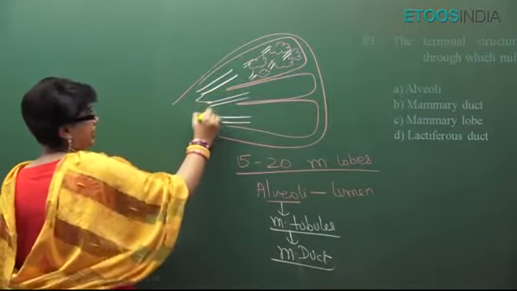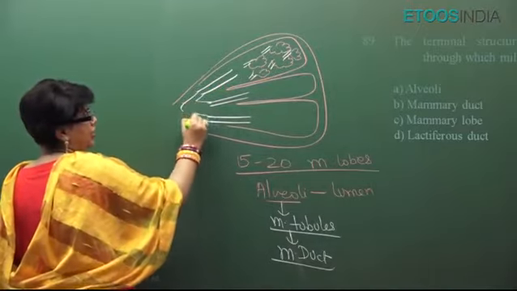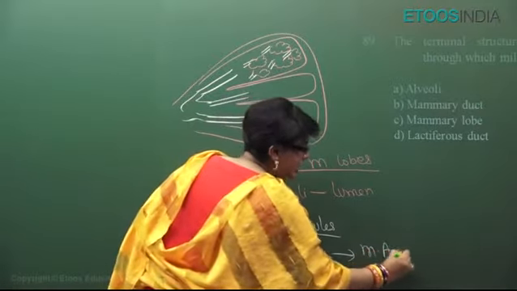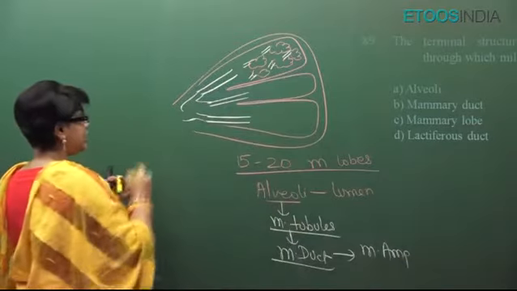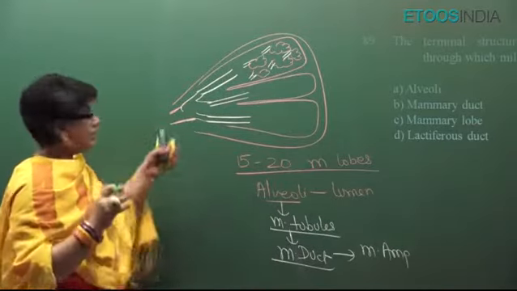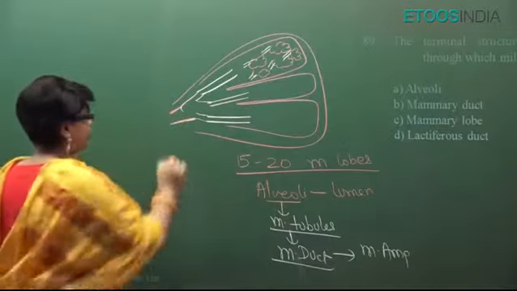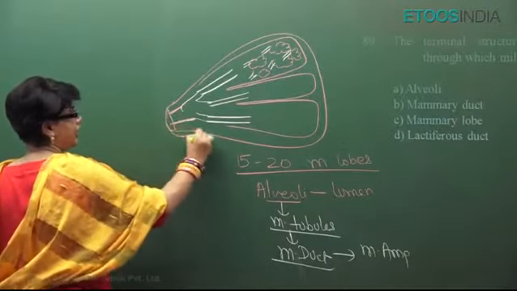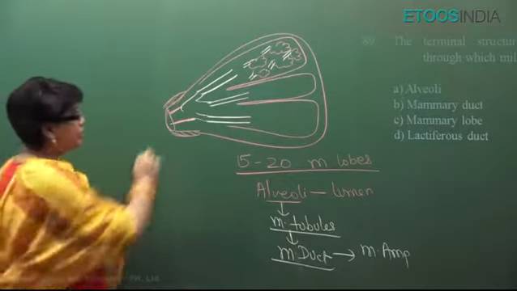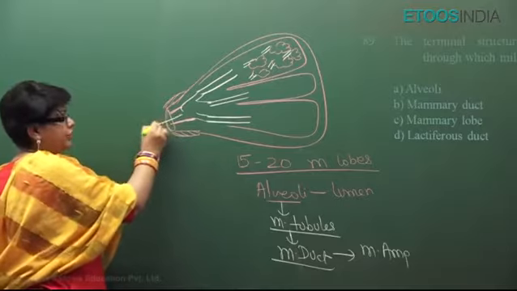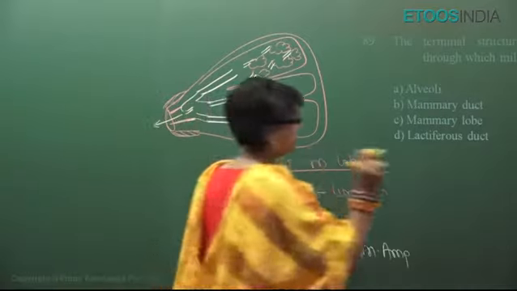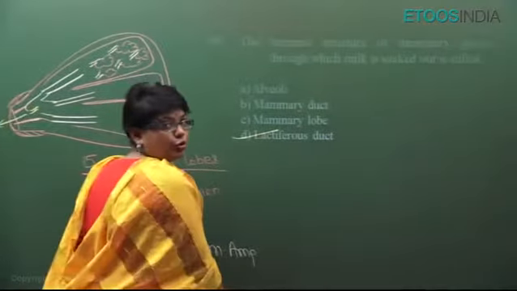Now, this mammary duct will swell and form the mammary ampulla. And then this ampulla drains into a single duct called the lactiferous duct. In the ampulla, milk is temporarily stored. And suppose this is the nipple, areola portion, when the baby sucks the nipple, the stored milk in the ampulla will come out of the nipple through the lactiferous duct. So the terminal, the end duct, is the lactiferous duct through which milk is sucked out.